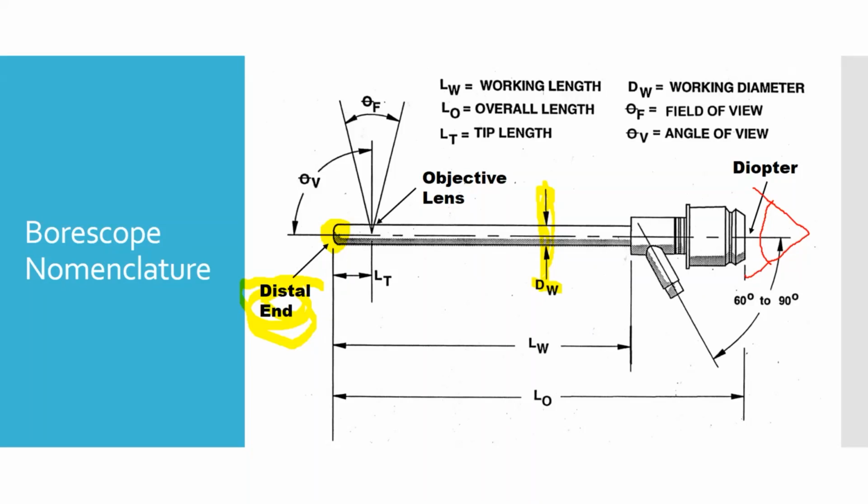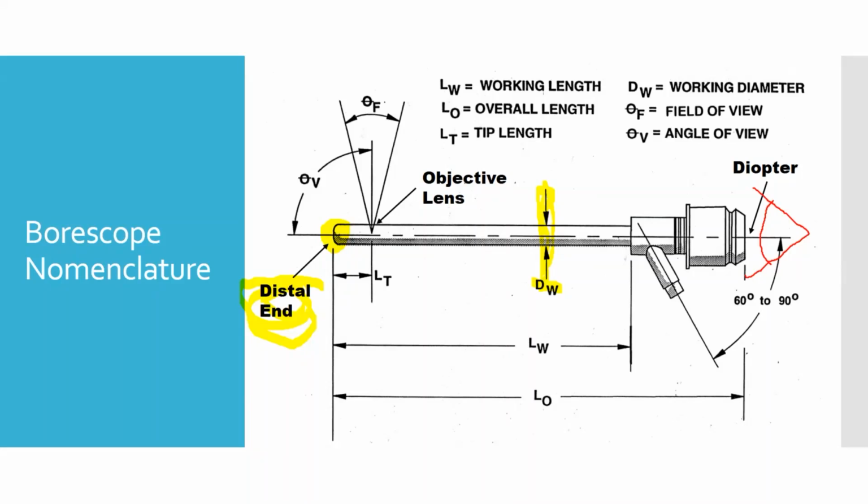You can go on Amazon, just get a real basic scope, plugs into your smartphone for $100, right? But it's a thicker cable. It doesn't have articulation. Obviously doesn't have built-in video screens, that kind of thing. Maybe it's only a 640 by 480 resolution chip in the end of it, so it's up to what your needs are. So that's diameter.